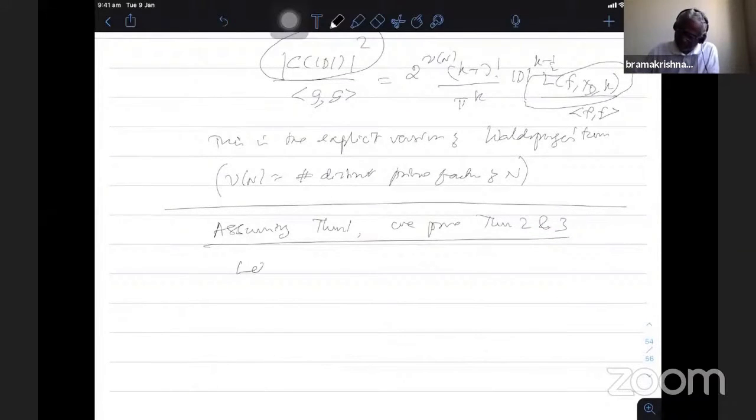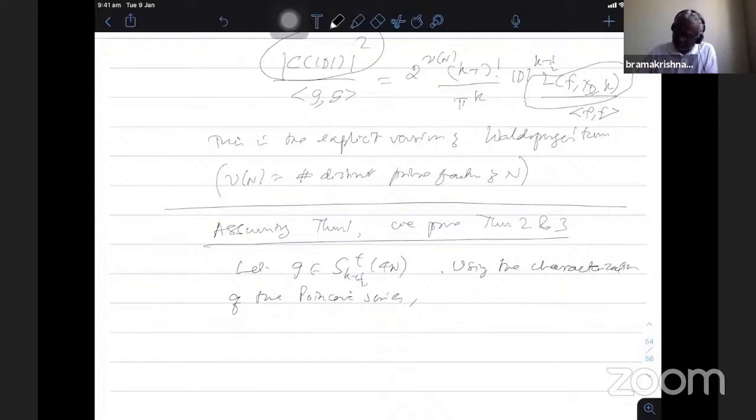So let G belong to Sk plus half plus 4n, and using the characterization of the Poincare series and using theorem 1, we get the inner product of G with omega kn minus z bar d. I am taking the inner product with respect to tau.